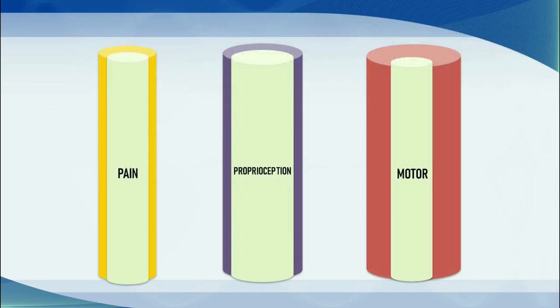I have 3 different nerve fibers. The thinnest are the pain fibers, then slightly thicker are proprioceptive fibers, and finally we have very thick alpha motor neurons. In some situations, we want to give a patient a pure sensory nerve block to kill pain.